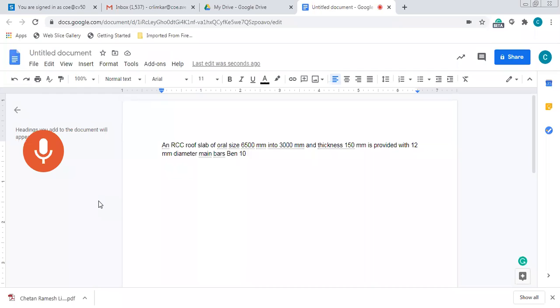I will write it again correctly. So I will try to speak: along the shorter span and placed 150 mm center to center.